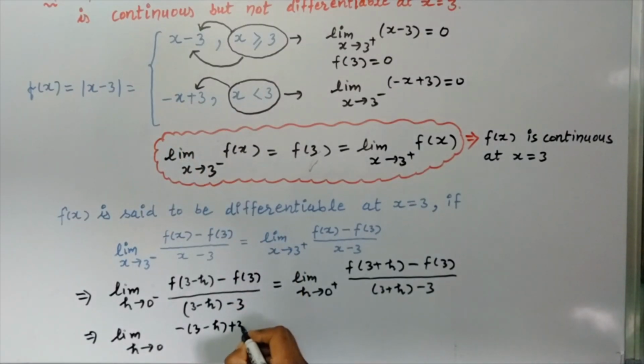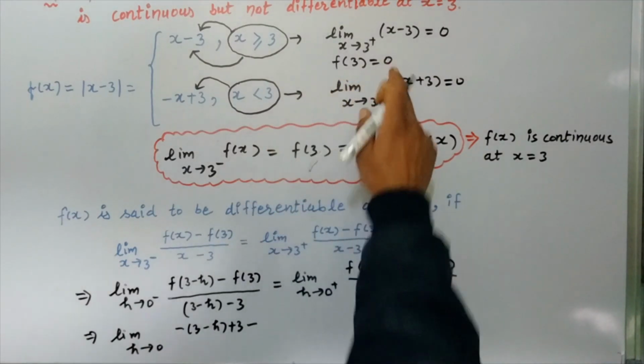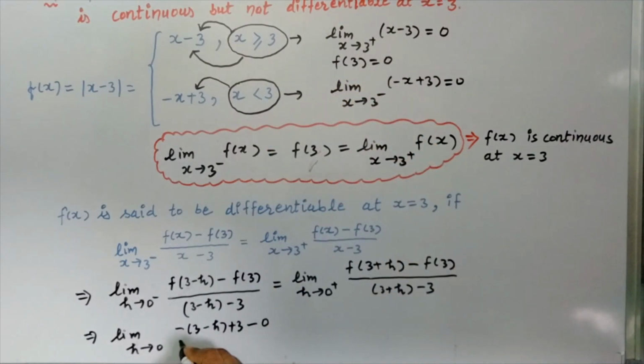Next is minus f of 3, and the value of f of 3 is 0. 3 minus 3 cancels, and only minus h is left.